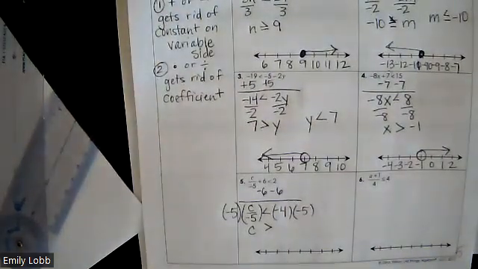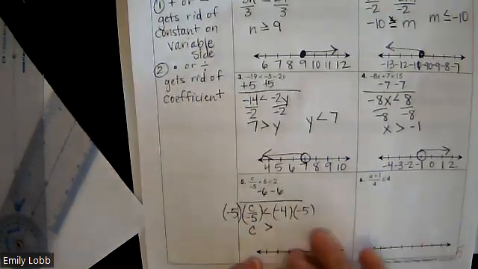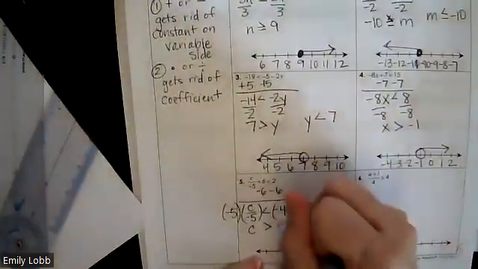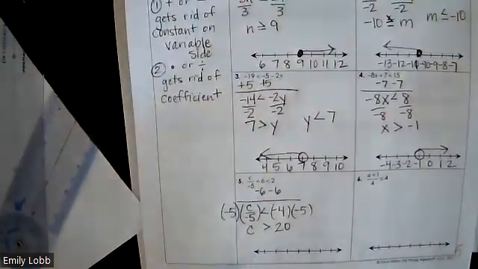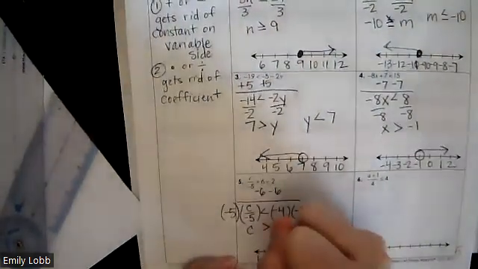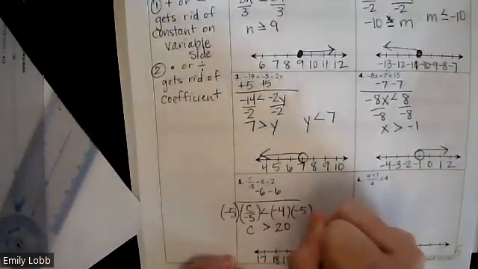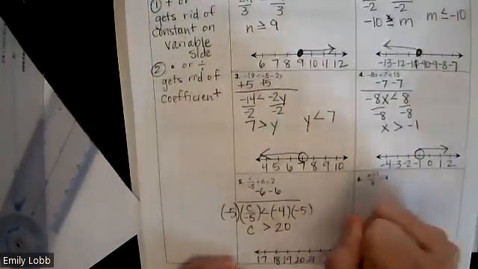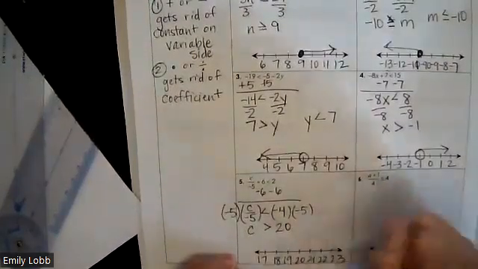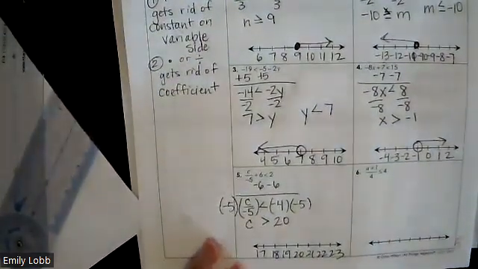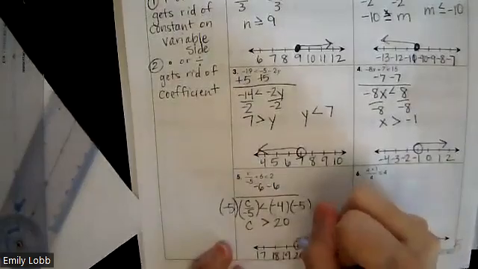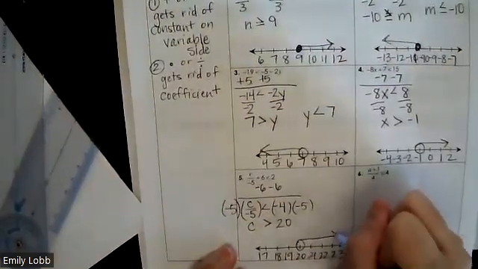Probably going to be the biggest error if you're going too fast and forget to flip it, right? Negative 4 times negative 5 is 20. 20 minus 3 is 17, so I'm saying 17, 18, 19, 20, 21, 22, 23 here. Open at 20 and to the right.